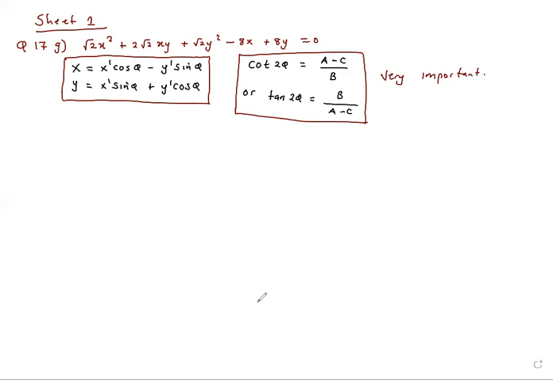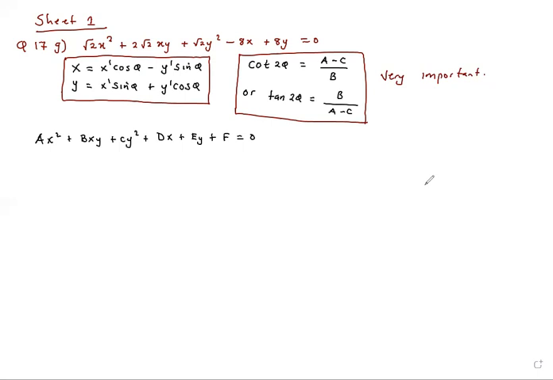Remember, it's always ax squared plus bxy plus cy squared plus dx plus ey plus f is equal to 0. So that we're able to identify what a is, what b is, and what f is.